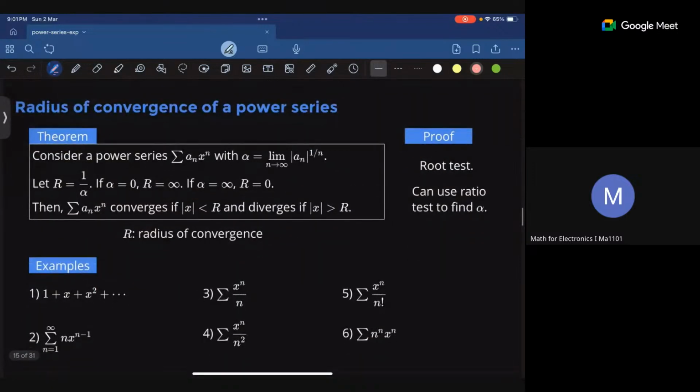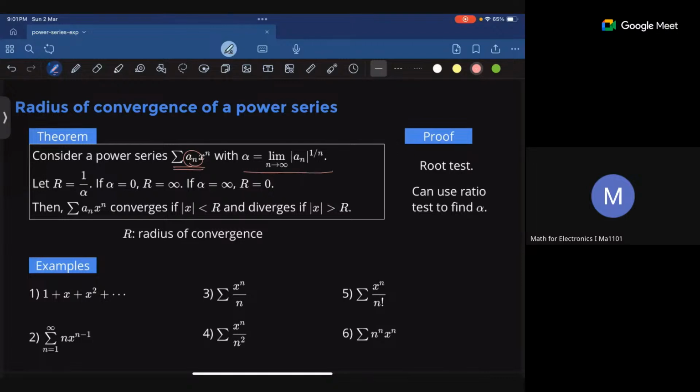So what is the radius of convergence of a power series? You have a power series with the coefficients a_n and x^n. You take the coefficients separately and form a sequence and then compute this limit. So this limit is the root test limit.